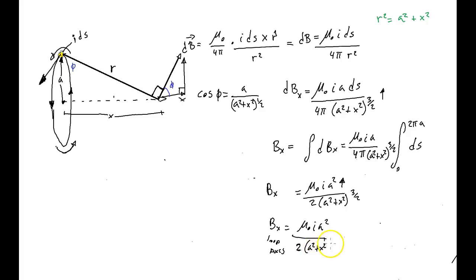Now let's do this. If x is much, much greater than a, then, and why would we want to consider great distances away from the radius, many, many times the radius of the loop?